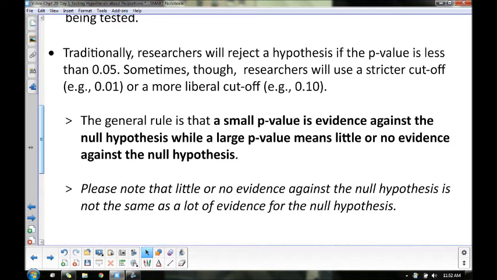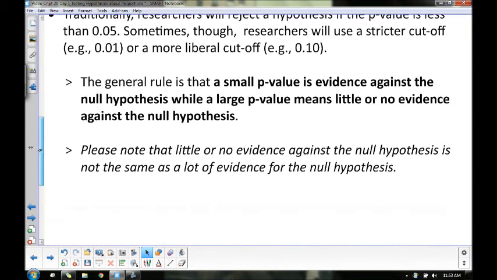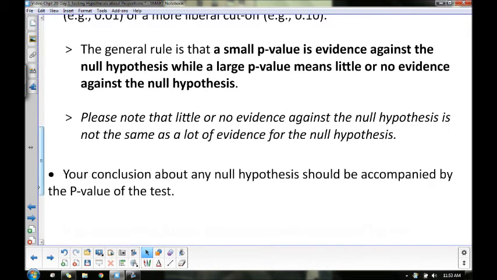Remember, in the case of our jury, we are not trying to determine whether or not the person is innocent. We're trying to determine whether or not the person is not guilty. So again, no evidence or little evidence against the null is not the same as saying a lot of evidence for the null.